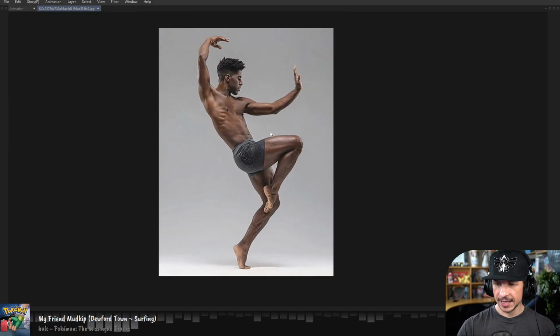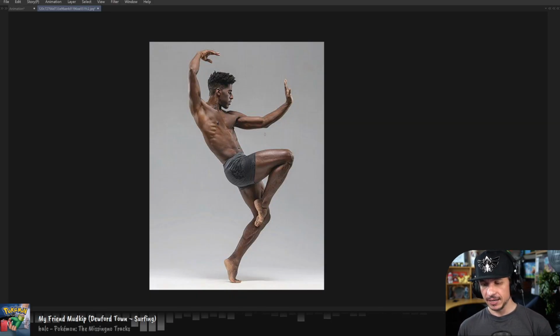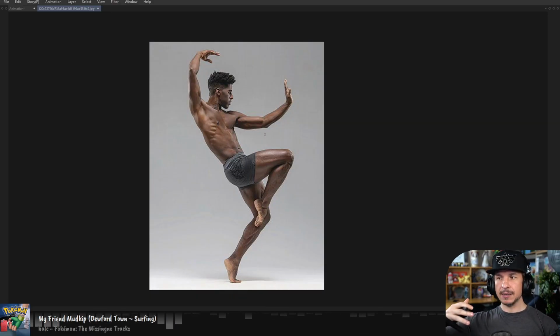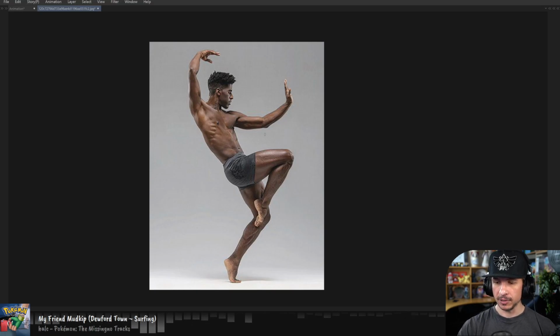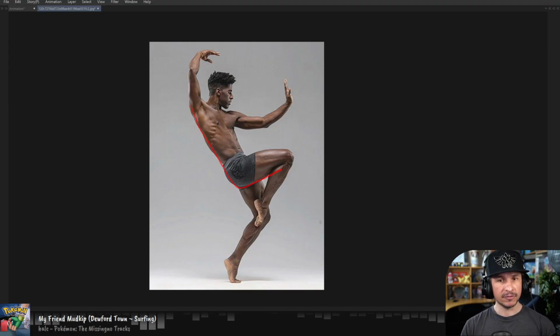When we're looking at a pose, one of the first things we want to look for is line of action. Line of action is essentially the energy that is moving through a pose. And it is not the line of the silhouette here. That's one of those things that a lot of people tend to look for. They just follow the shape of the character.